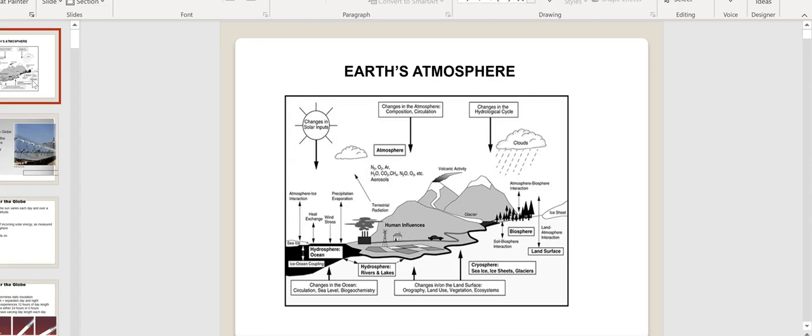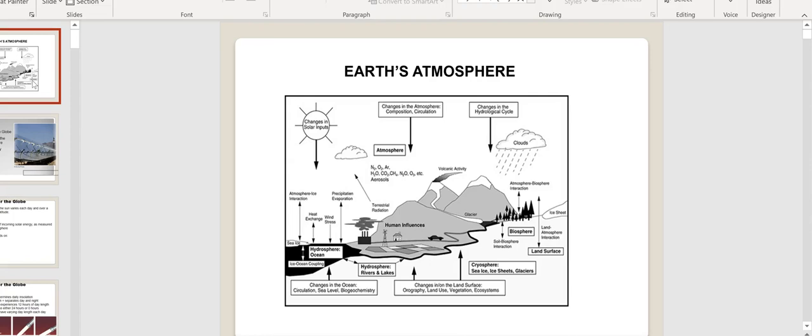So the Earth's atmosphere is also included in the hydrosphere, right? So the hydrosphere means water. It's basically a fancy term for the water cycle, the cycle that moves water. Now, when water is evaporated, physical water as a liquid, it turns into its gaseous state.